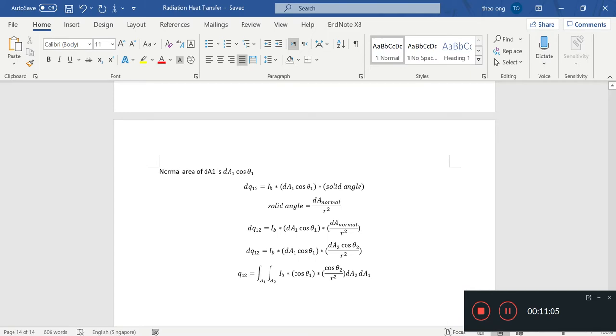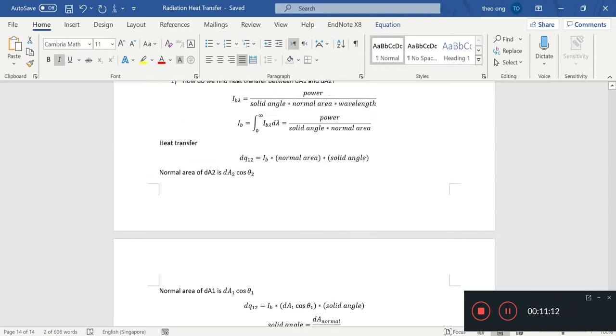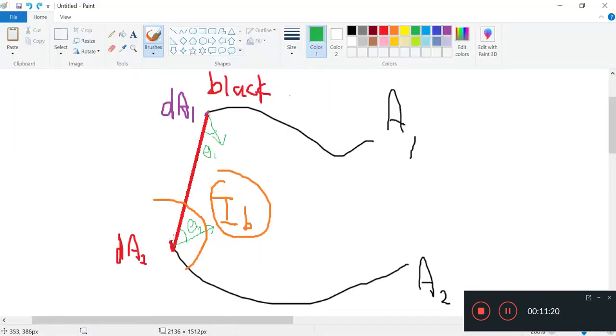Wherever this r squared is, it will differ every time you shift the areas. What do I mean? Between this one and this one, r is the distance and will have a certain value, and if you shift and compare between these two, your r will differ.